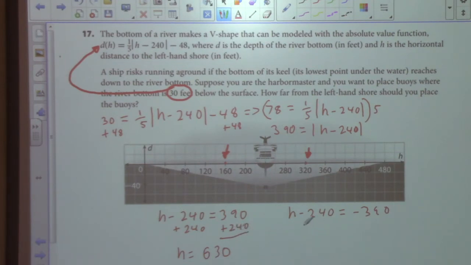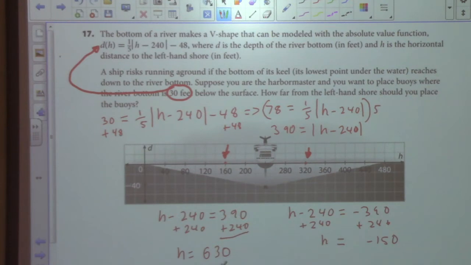And this one, plus 240, is negative 150. So h equals negative 150. h is the horizontal distance, so h is this distance.